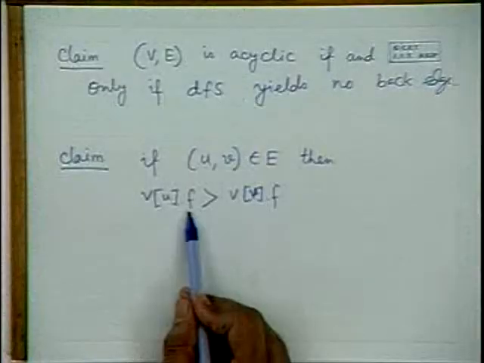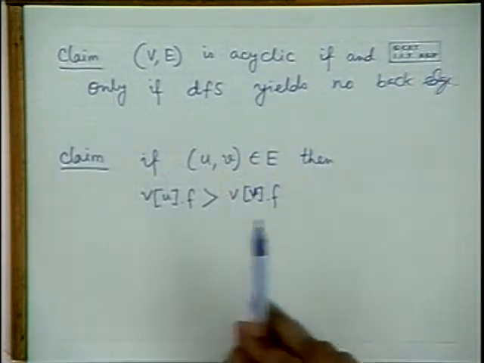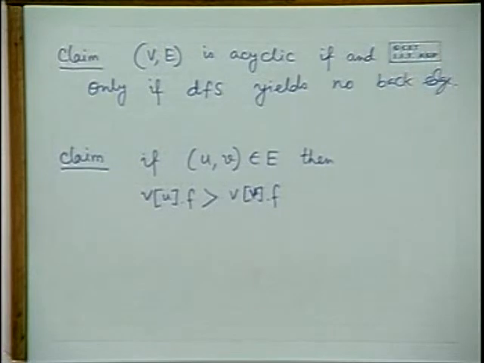So the ones which are outputted last have the highest F field, and according to this, there cannot be any edge in the reverse direction of this sequence. So we are outputting in the reverse direction of topological sort.